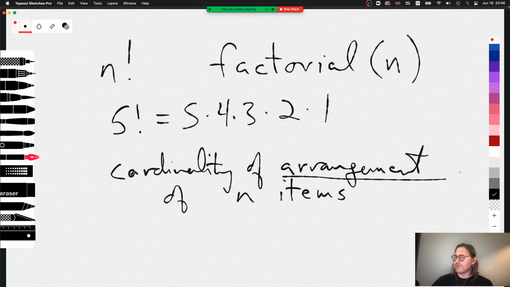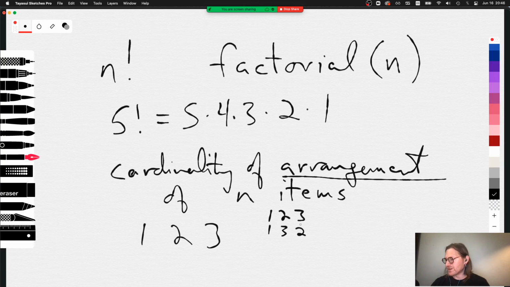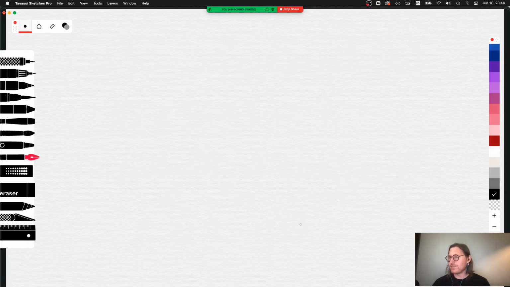So arrangement. If we have the numbers 1, 2, and 3, how many different ways can we arrange those numbers, right? We could do 1, 2, 3, 1, 3, 2, 2. Well, we should try to be systematic about this. In fact, let me be systematic about this.